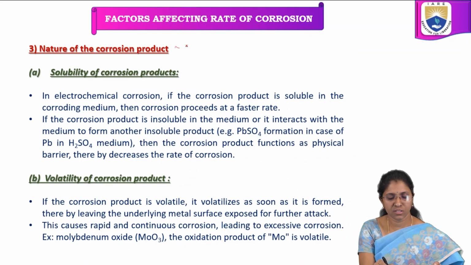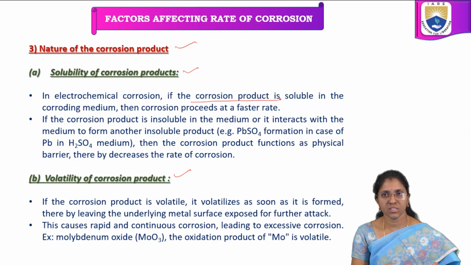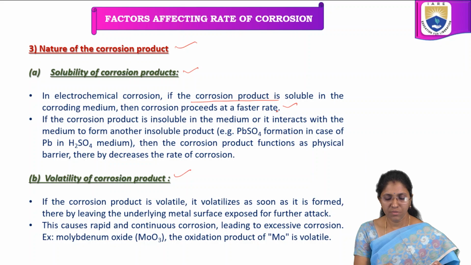The next one is nature of the corrosion product: first, solubility of corrosion products, and second, volatility of corrosion products. In electrochemical corrosion, if the corrosion product is soluble in the corroding medium, corrosion proceeds at a faster rate, because fresh metal is exposed to the environment and further corrosion takes place.